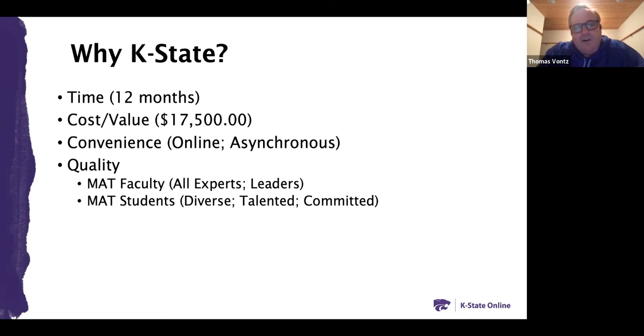Even though we're a large online program, I think we started with 214 students for this cohort, and we're in our 6th year of doing this, we still have a personal touch. We assign each student a grad cat, a mentor teacher who is with you from the beginning of the program until the end.